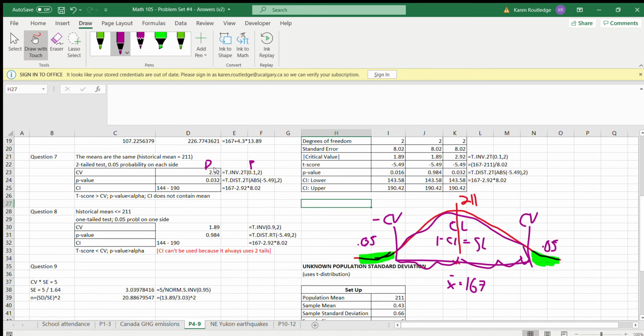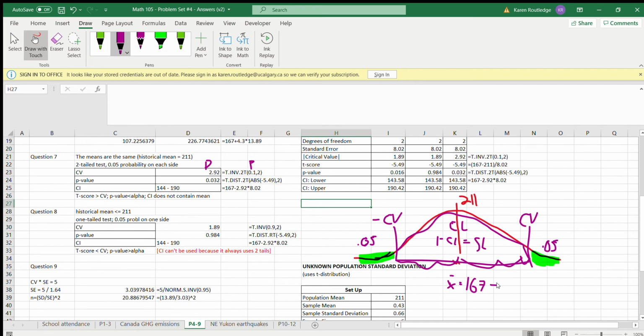We only have one value, but because we're dealing with a two-tailed test, there are two critical values, and one of them is negative. So here's our critical value, 2.92. That identifies our threshold. Our sample mean right now is in megatons CO2 in a year, original data units. Our distribution, like our critical value, is in standard error units.